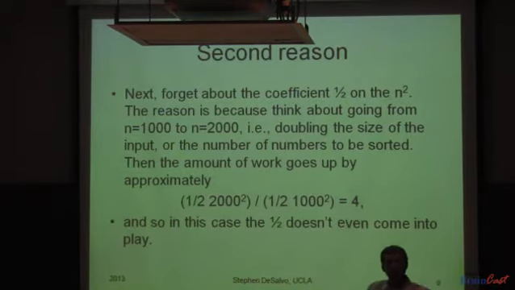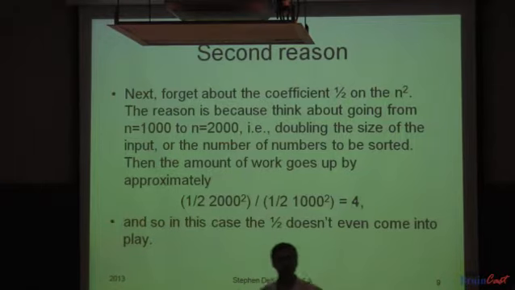So if to sort a list of size 1,000 takes some amount of time, to sort twice as many numbers takes that time times 4, or quadruple the amount. That's the idea we want to capture. Okay? I know it takes, say, X amount of time to sort 1,000 numbers. For twice as many, it's 4x. Not 2x, but actually 4 times the original amount. Okay? That's why the constant goes away.